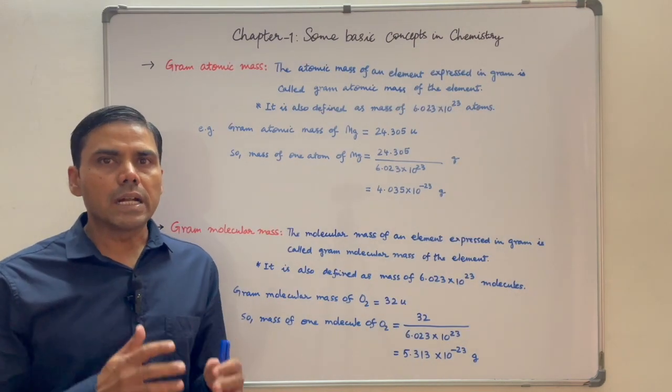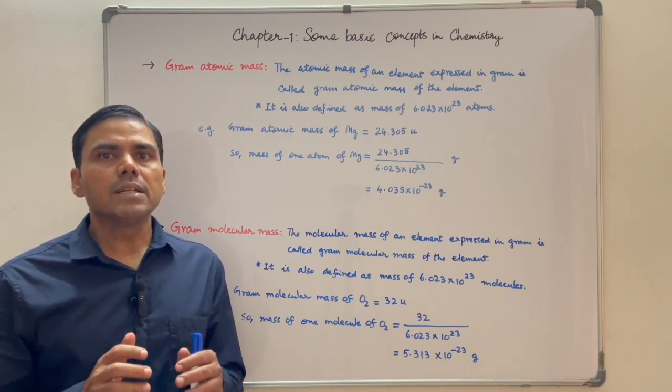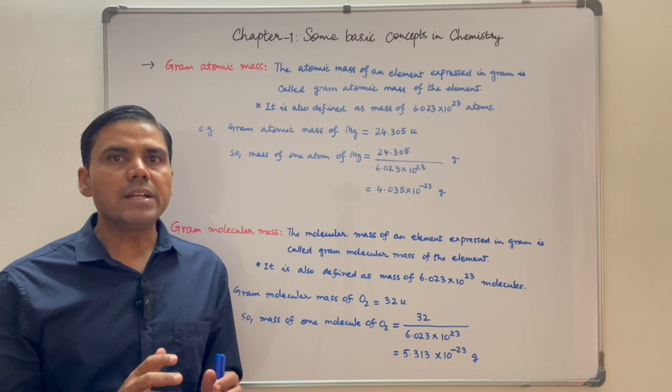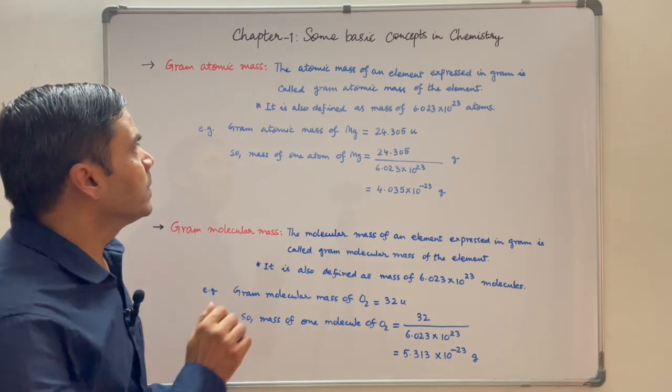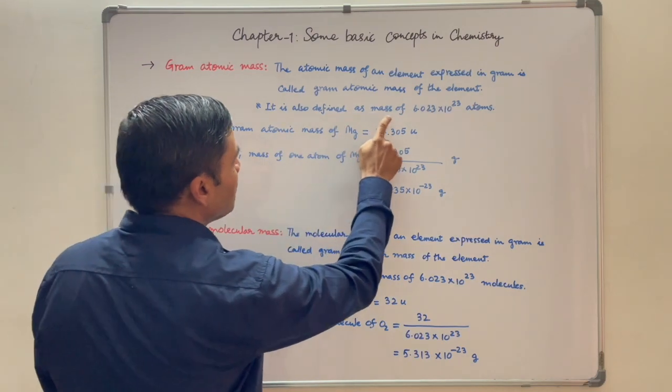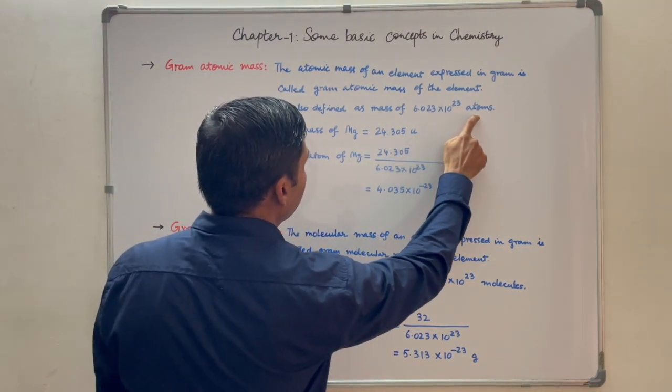Now let us see gram atomic mass and gram molecular mass. First, gram atomic mass. The atomic mass of any element expressed in gram is called its gram atomic mass. It is also defined as mass of 6.023 into 10 to power 23 atoms.